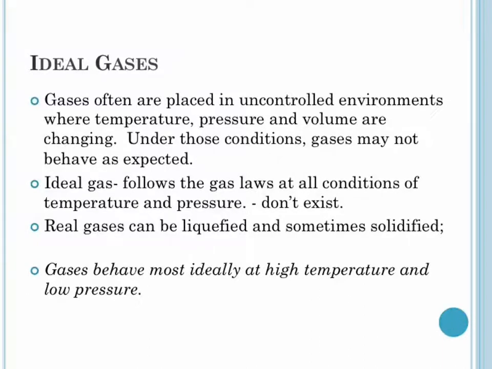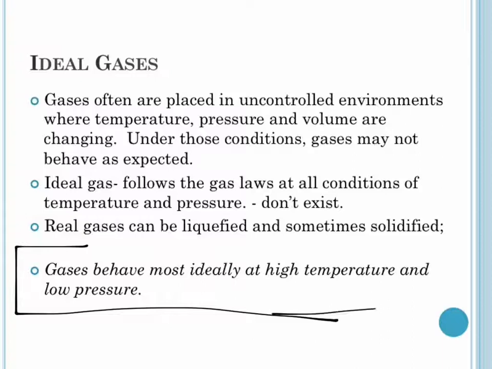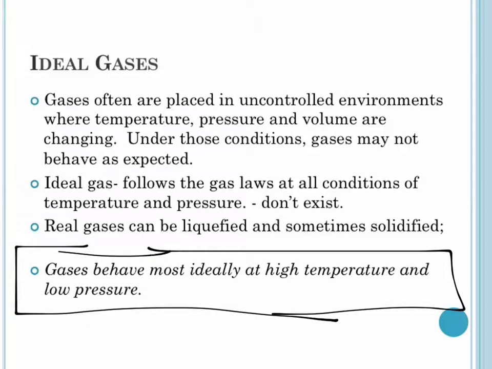So ideal gases really don't exist because gases don't stay as gases. We bring the temperature down low enough, we can liquefy the gas. Bring it down even further, then we can solidify the gas. And so you need to know that gases behave most ideally at high temperature and low pressure.